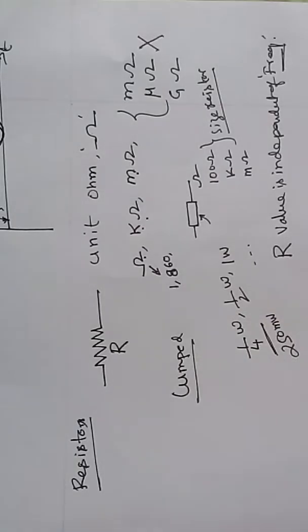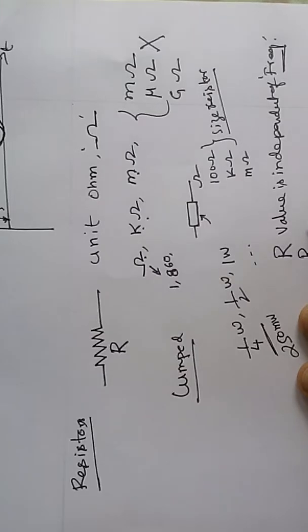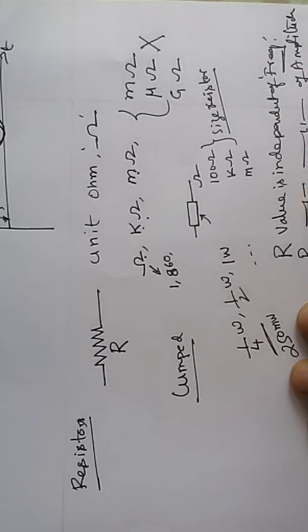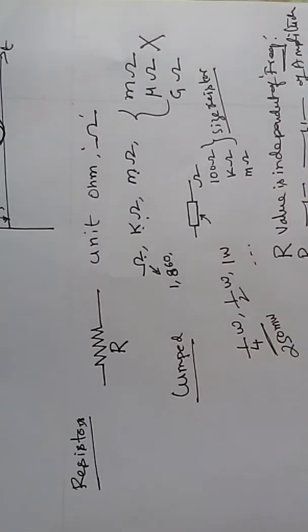When it comes to an AC or DC signal, there is an amplitude involved. The resistance value is again independent of the amplitude of the signal. Whatever the amplitude of the signal, its value remains the same.